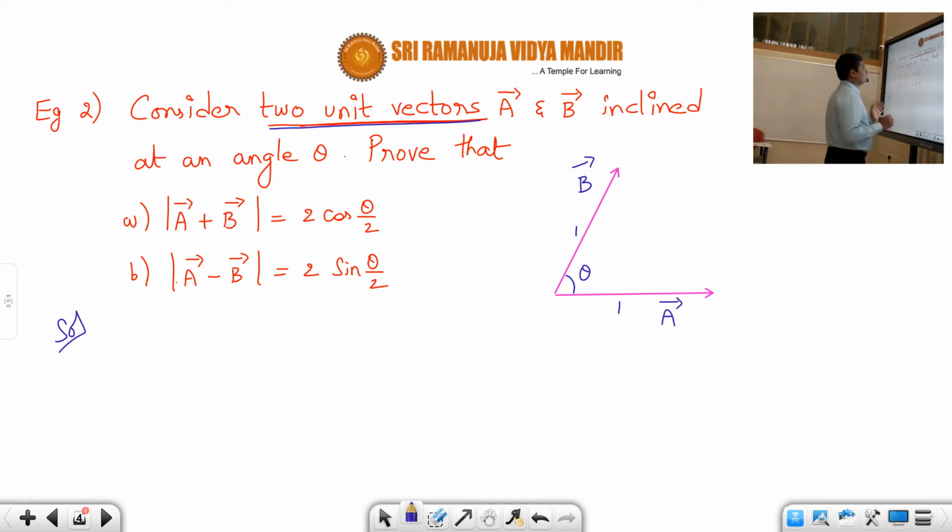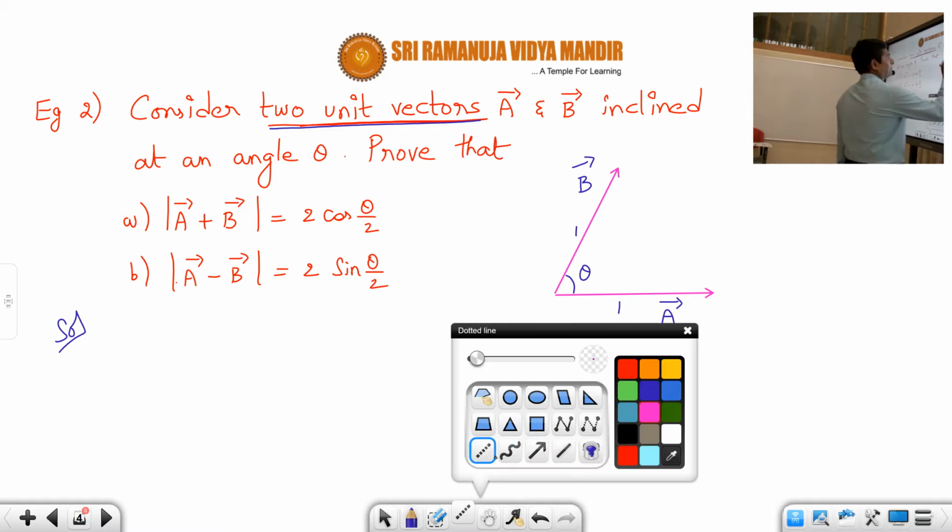Okay, students. The magnitude of a bar plus b bar is nothing but the magnitude of the resultant. Resultant, how will you get, students? By completing the parallelogram.